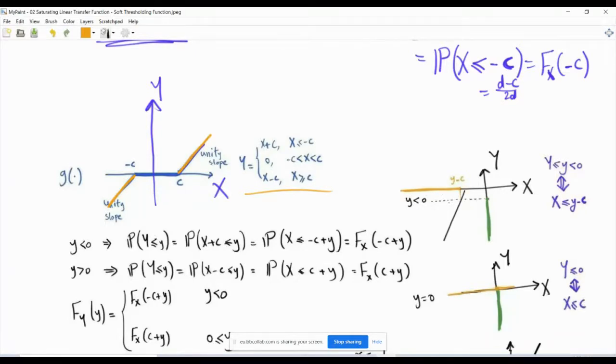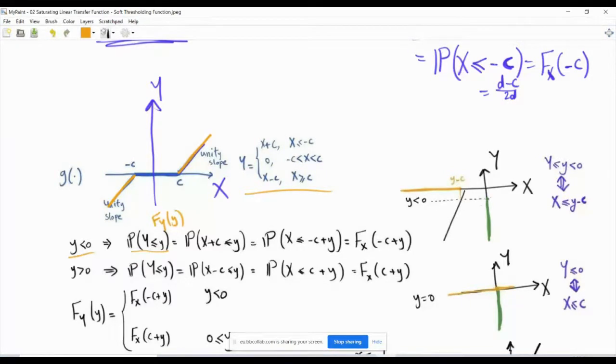Now, suppose small y is less than 0, and you are interested in the CDF of Y when small y is less than 0. So this thing I'm studying is F_Y of small y, and y is negative.